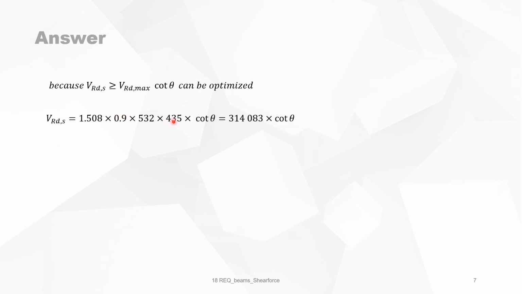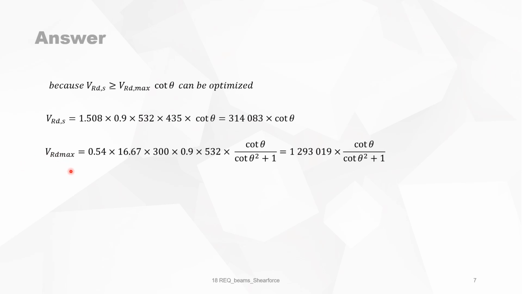VRDS, we've seen it in the previous slide, is in fact a function of cotangent theta, which was 2 in the previous calculation. And VRD max, the maximum allowable shear force that can occur without failing the compression struts or the compression field, we see that it is also depending on cotangent theta, so we have those two equations.